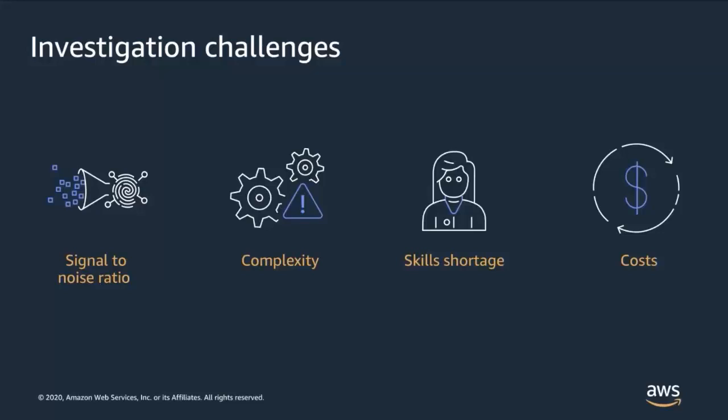Now, certainly complexity plays a role. The organizations that we spoke to are often hybrid organizations, or they have very involved infrastructures, even if most of their infrastructure is deployed on AWS. This complex structure that they're maintaining means that it's very difficult for the security analysts to understand and know everything about the deployments.